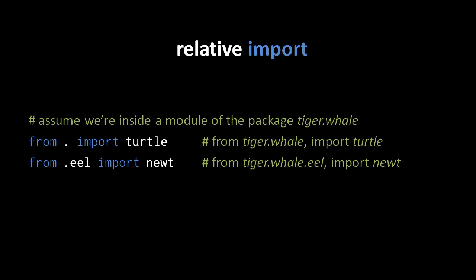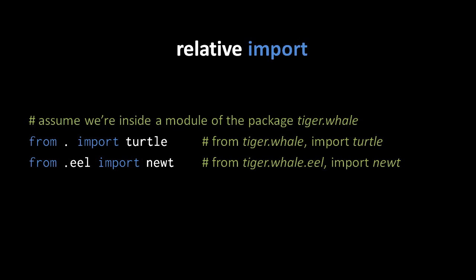So in between from and import, we're specifying a relative package, that is a package relative from the current package, and then after import, we're specifying the name of a module in that package. And notice that this is really very different from what a from import normally does. A from import normally is about importing specific attributes from some particular module, whereas here we're importing modules from a particular package.